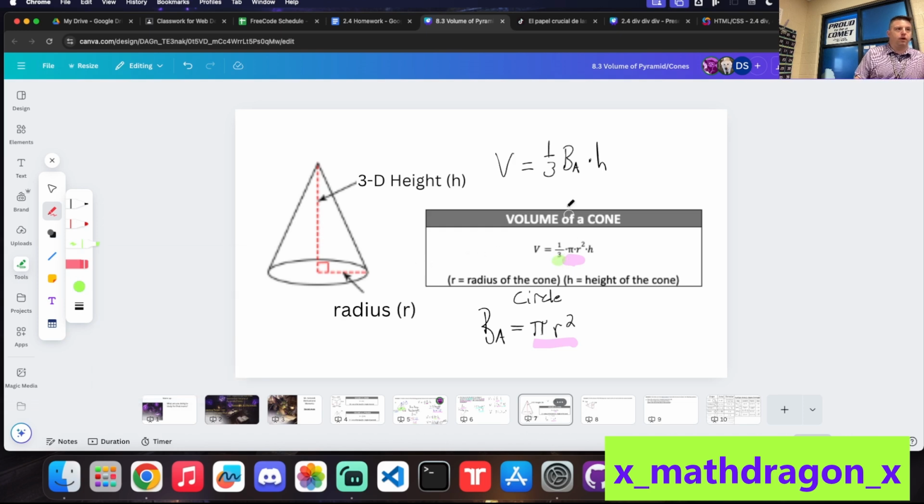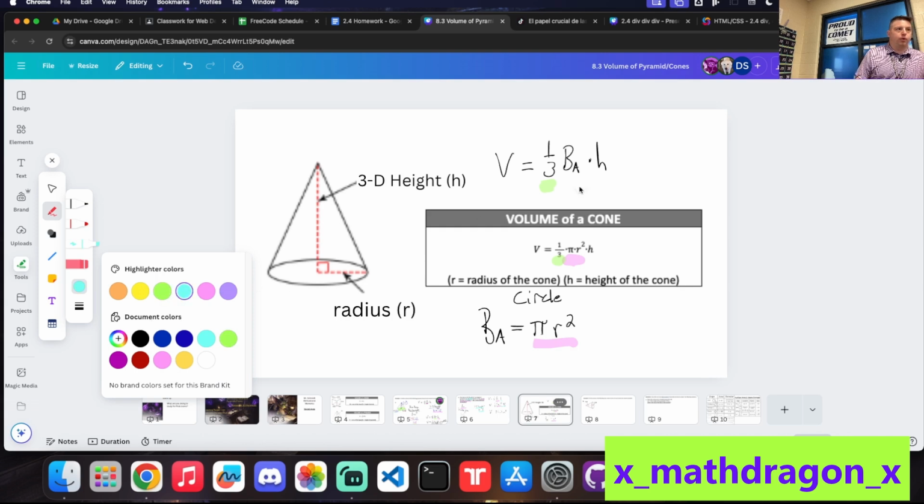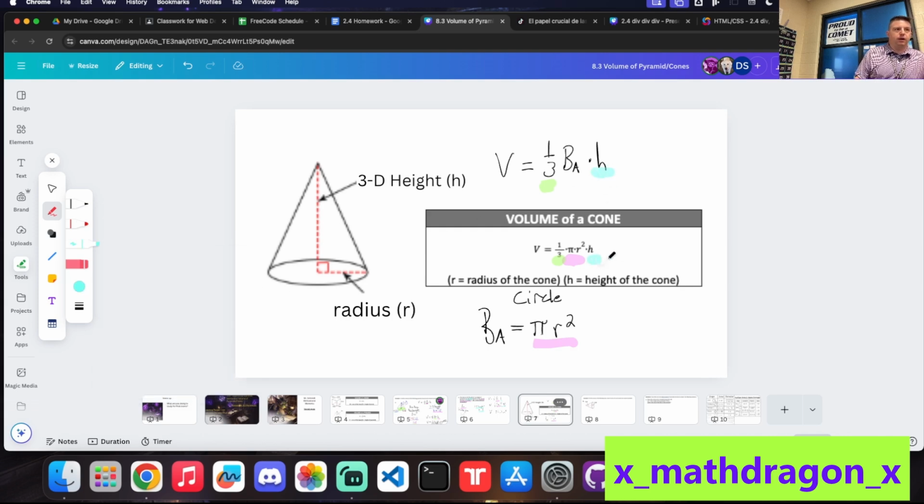The 1/3 is the 1/3. The 3-dimensional height is the 3-dimensional height. And that base area is just the area of a circle. That's how all of it's organized. Still the same type of problem.